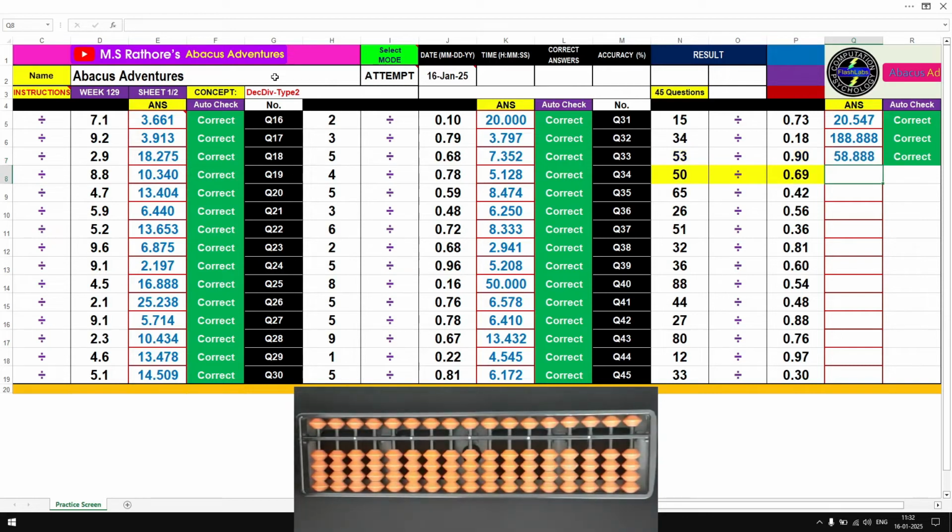Question number 34, 50 divided by 0.69 or 50 divided by 69.